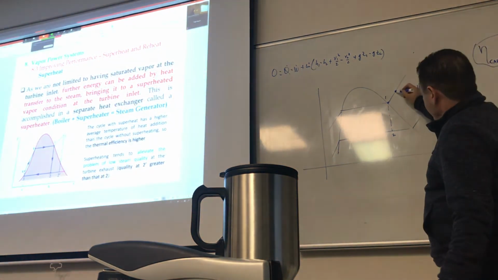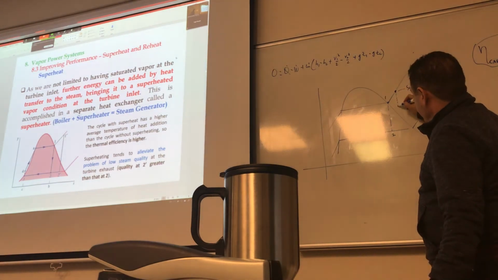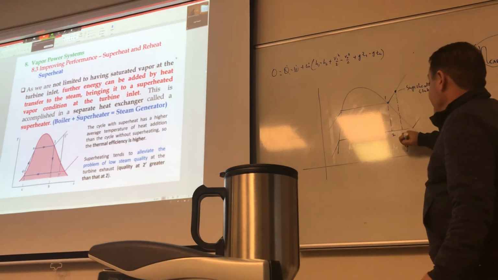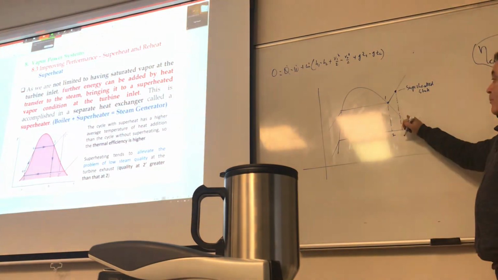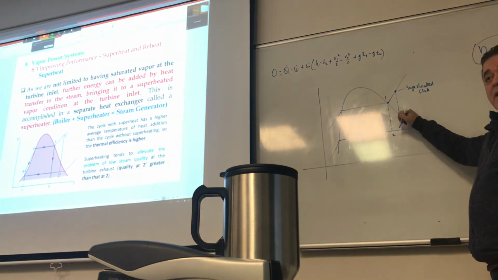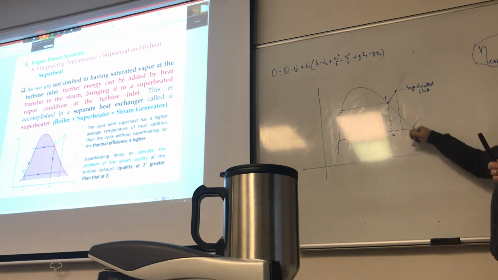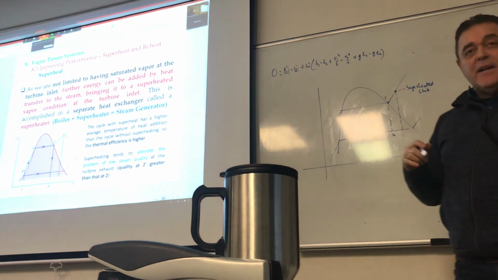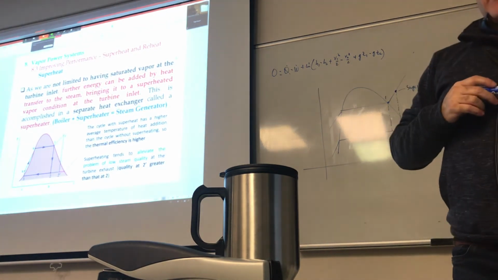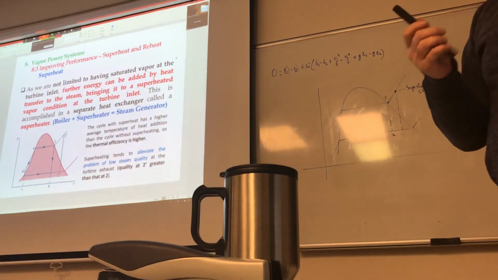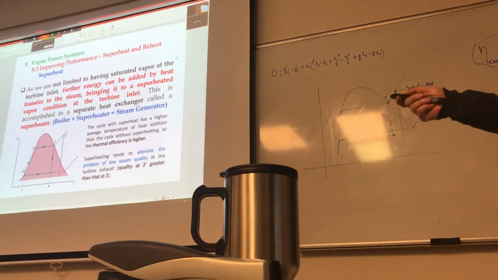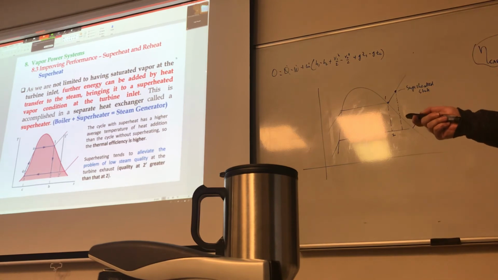Then, as I come down here, I'm mostly in the vapor, and even if I enter the dome, I'm probably going to be pretty close to the saturated vapor line, and maybe have an x that is greater than 90%. That's why one method of improving the performance is called the superheat.